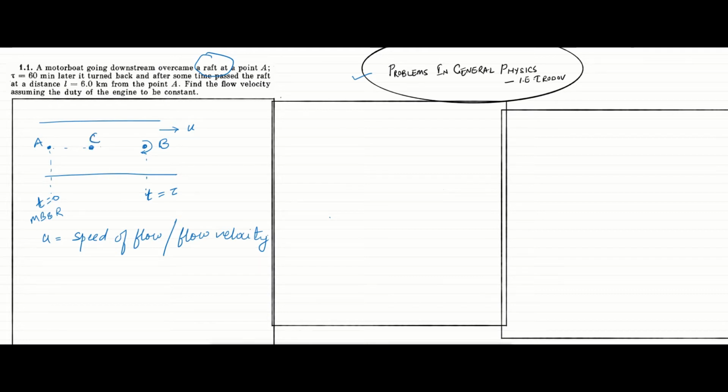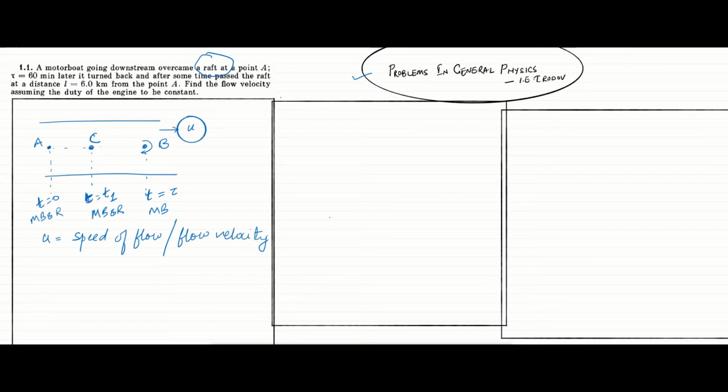It came to point C at a time t equal to t1, starting from the beginning, when again we have the motorboat and raft. At this point we have the motorboat only. So we want to find this velocity u.